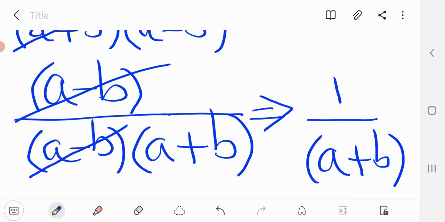In the next, whenever you are having only the division sign in between two or more than two algebraic fractions, then the process which you will have to follow is to write the left side algebraic fraction as it is, but convert the sign of division into multiplication.